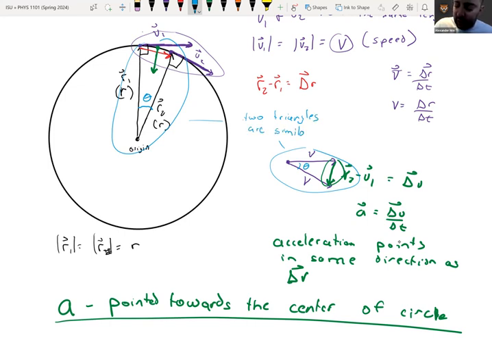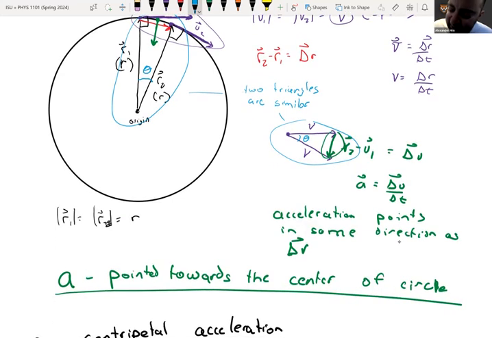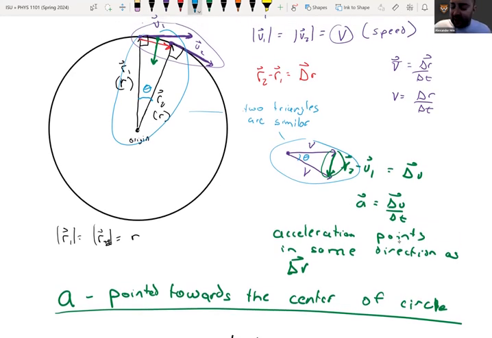All right. Now, why is that relevant? Well, I can do a ratio of the sides. In the black and red triangle, delta R is the base, and I'm going to put that over R, which is one of the legs. That's just the length, I'm not doing vector things, but the base is delta R and the length is R. I can do the same thing with the purple and green triangle.